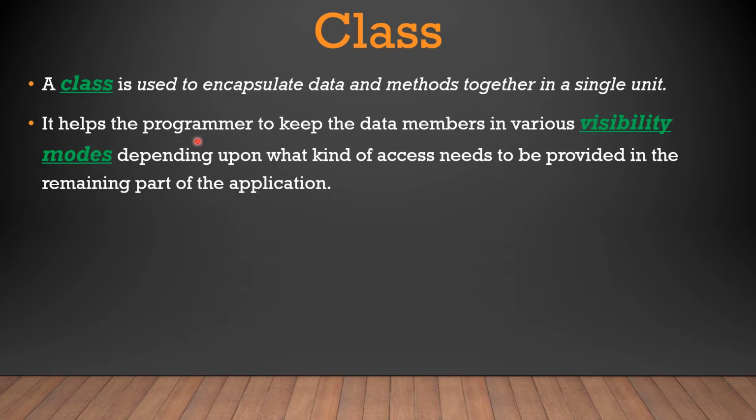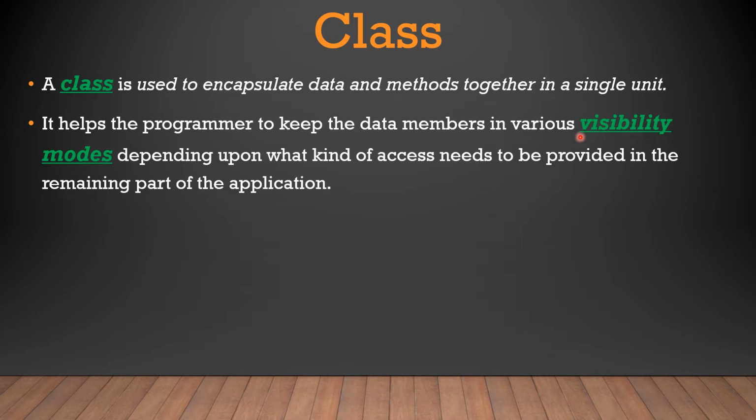It helps the programmer to keep the data members in various visibility modes, depending upon what kind of access needs to be provided in the remaining part of the application. So basically, there are various visibility modes, as their name is suggesting. They are related to whom it is visible or to whom it is not visible.